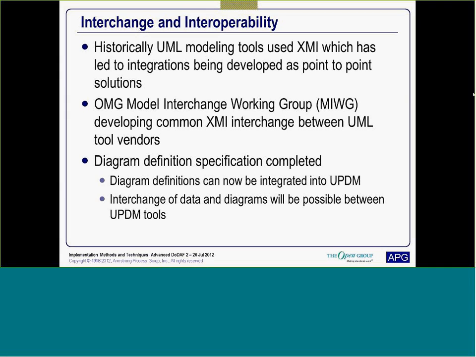And so the Model Interchange Working Group is working on creating test cases. We actually had a live demonstration not too long ago whereby the testers handed out a set of diagrams. In this case, they were UML diagrams.